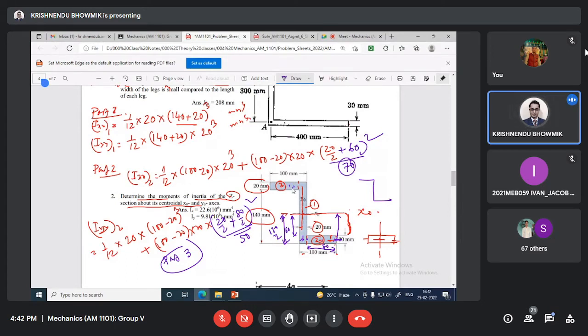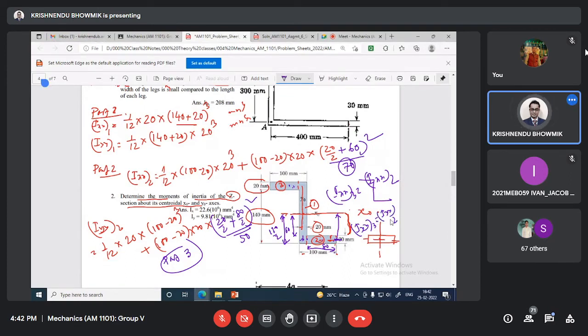Area is also same, distance is also same from the x axis and y axis. So part 3 IXX3 will be IXX2 and IYY3 will be IYY2.